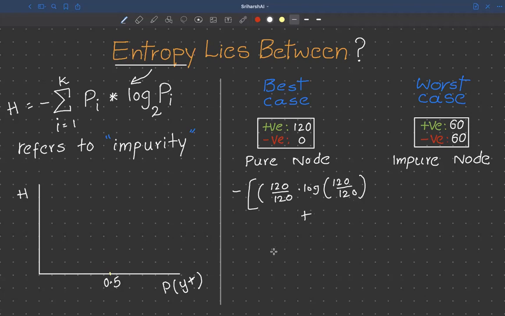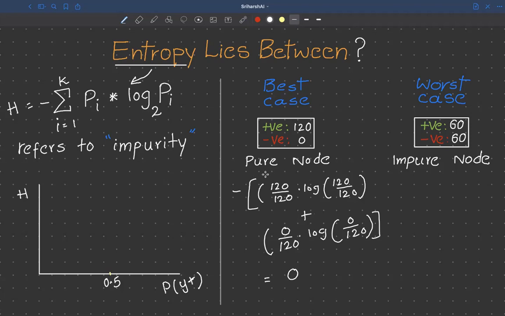Plus, for the negative samples, it is 0 negatives by positives plus negatives into log of 0 by 120. If you work this out, we'll get the value 0 as entropy.